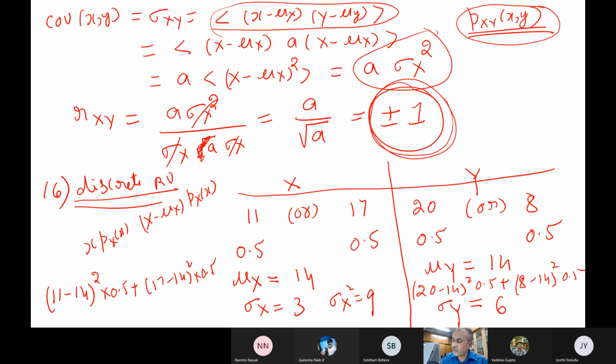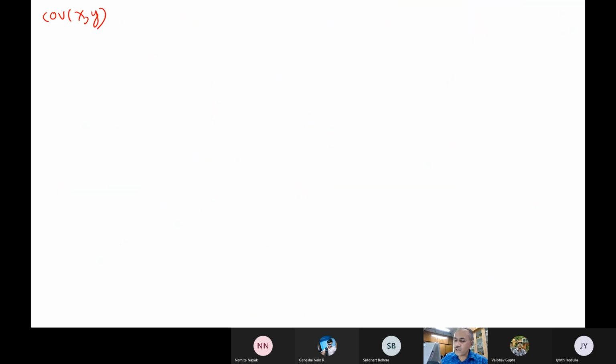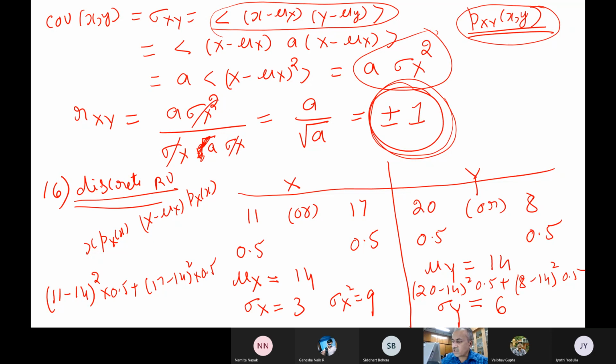Now here, what has been given to you? You have been given two individual things, so you have to construct a joint density. To construct the joint density, you have to find out the sample space. Last class we solved that problem, no? How many possibilities are there for this discrete case? Individually, two are there.